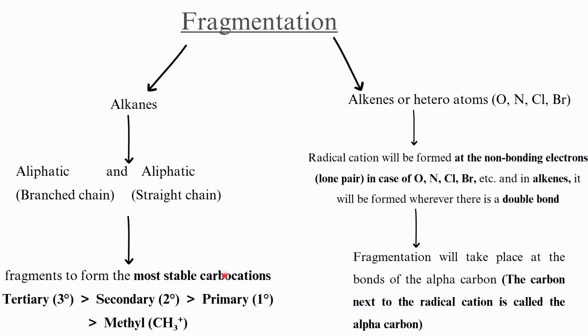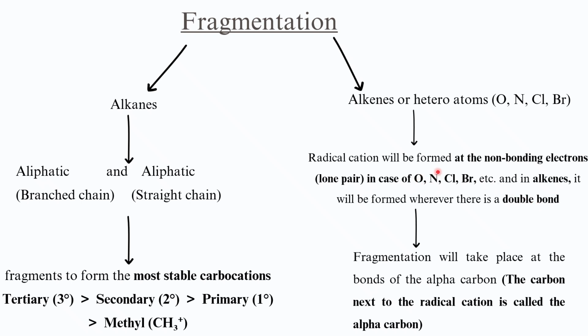Now next is the fragmentation of alkenes or heteroatoms. When we talk about alkenes and heteroatoms, here we have pi bonds and also non-bonding electrons associated with these heteroatoms. If you have alkenes, you make sure that your double bond undergoes ionization. This means that the double bond will get converted into a radical cation.